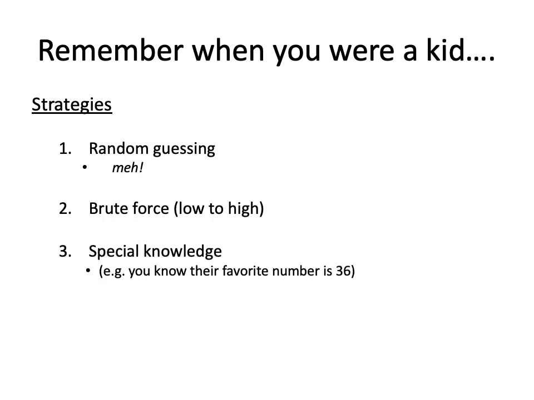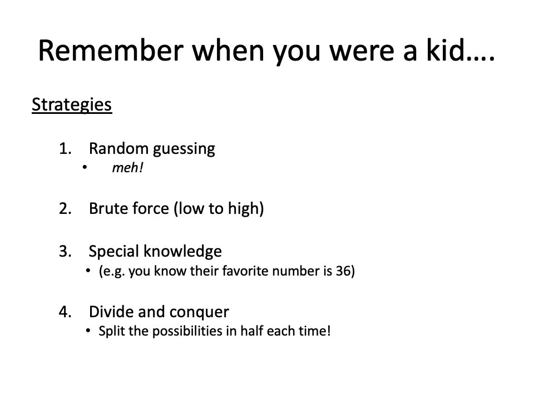You could try to get lucky, and if you know that your friend has a favorite number, you could try guessing their favorite number or numbers. Or you could try dividing and conquering. If you can somehow split the possibilities in half each time, you would greatly reduce the amount of guesses that you'd have to do, if you can figure out a clever way to do this. And this is what the binary search algorithm is. And usually, it's the most efficient approach for this problem without fancier solutions.